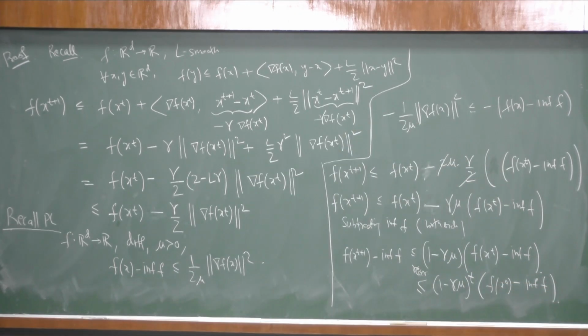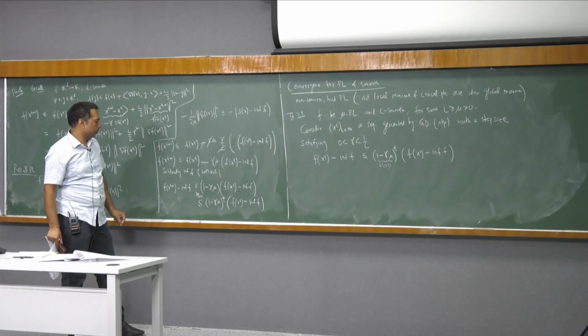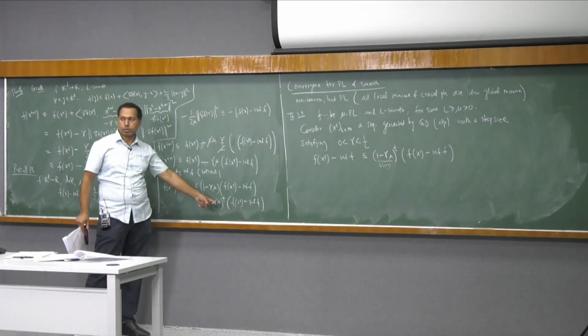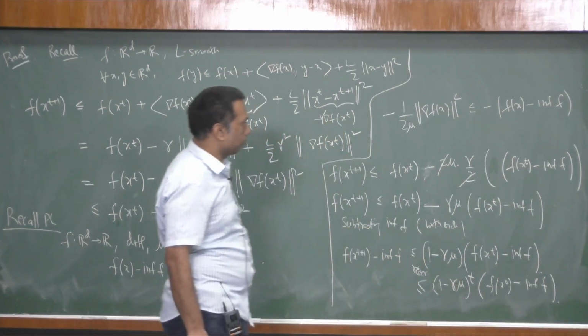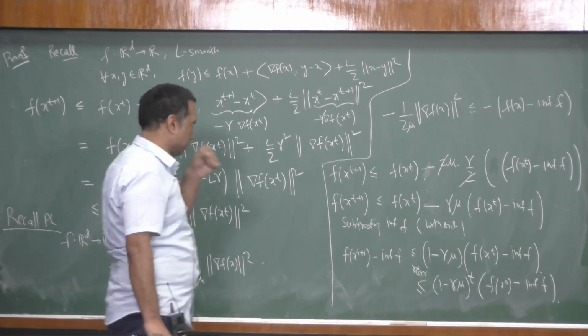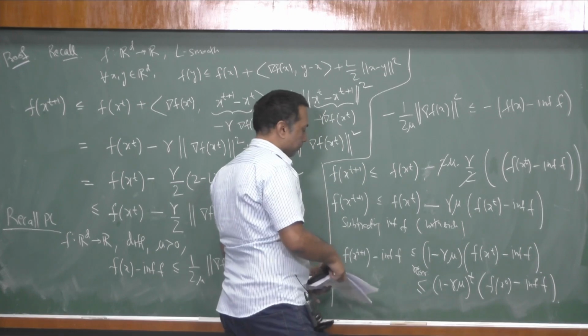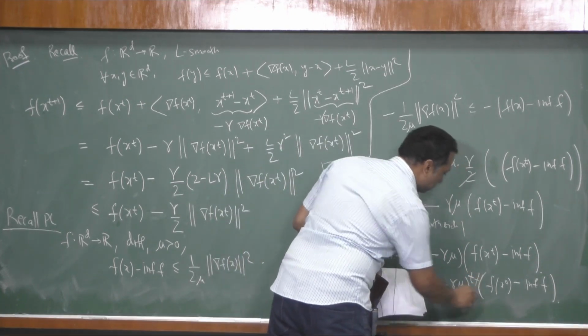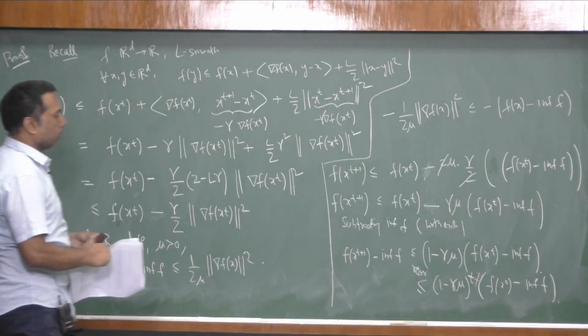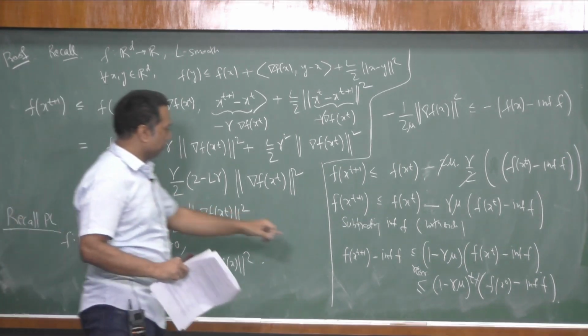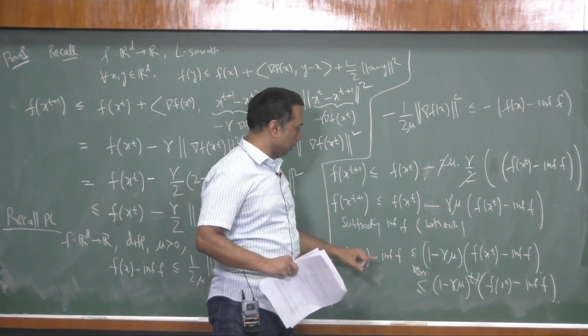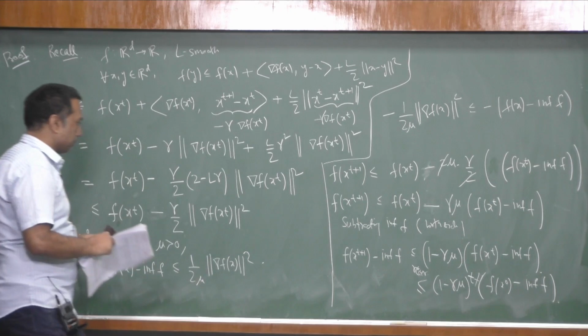For the PL condition also we have this guarantee that it will converge. But is this t okay? It should be t plus 1. Oh yeah, sorry, because this is with t, but here we are running with t plus 1, right? So there should be one more extra term here. Or if you want, you can reduce it to t here, then it will be t.